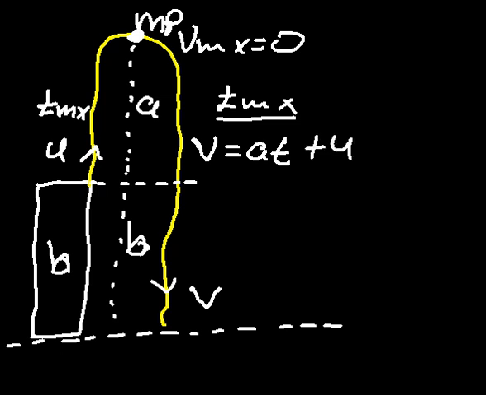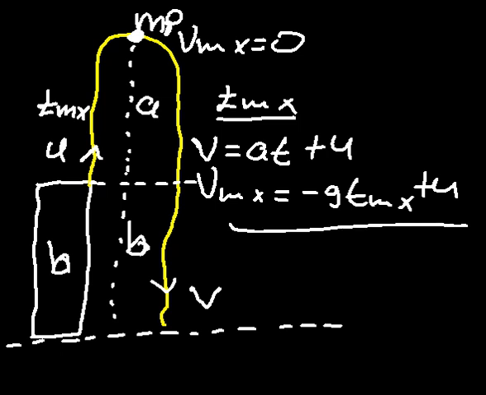Since this is the free fall motion, this final velocity is the velocity at the maximum point, so we'll have it as Vmax. The reason we say this is the final velocity at the maximum point is that we are interested in the time it takes from here up to this point, which is the final destination of our analysis. So Vmax is equal to negative g Tmax plus u. This is the formula we can use to get the Tmax.